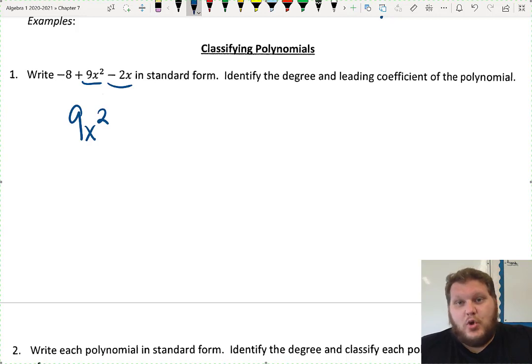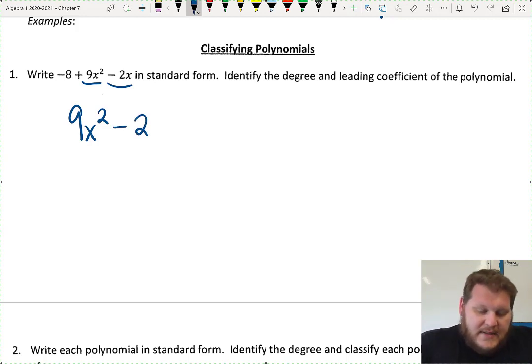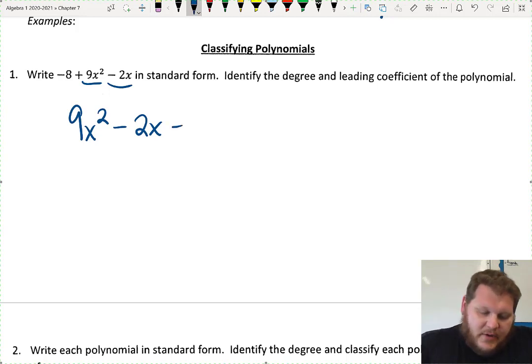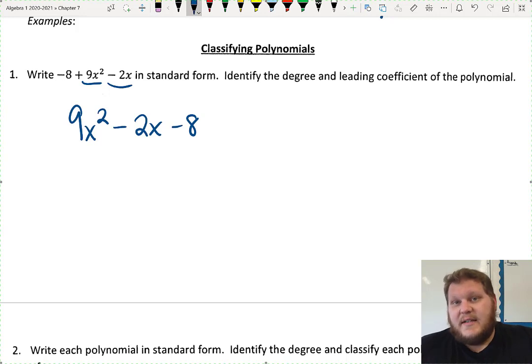It was a negative 2x, so I'm going to keep that as a negative 2x. And then, of course, my last term, the only thing that's left, is my negative 8. You have to make sure that those signs stay attached to the numbers that they originally belonged to. So when I'm rearranging this, I wouldn't put my 9 out in front with the negative sign that was with 8. The signs stay with the numbers. So that would be my answer in standard form.